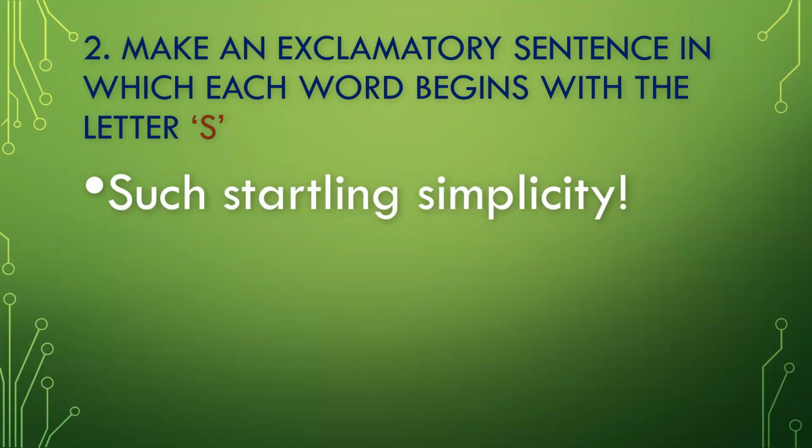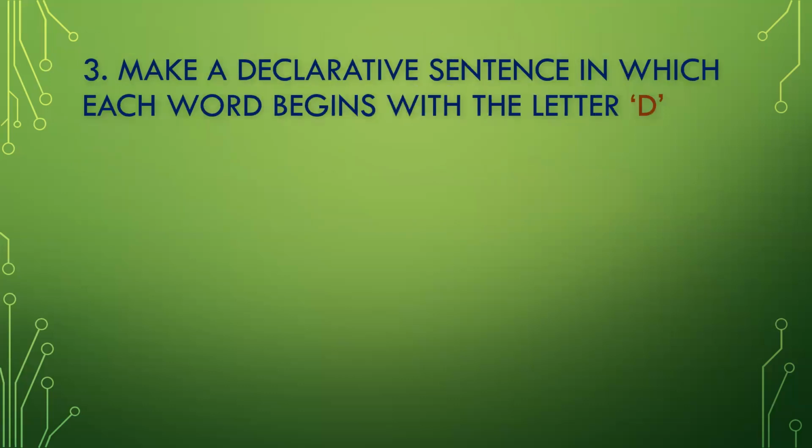Okay, shall we go to the third one now? Make a declarative sentence in which each word begins with the letter D. You will agree with me that declarative sentences are so much easier to make. Come on, try this.